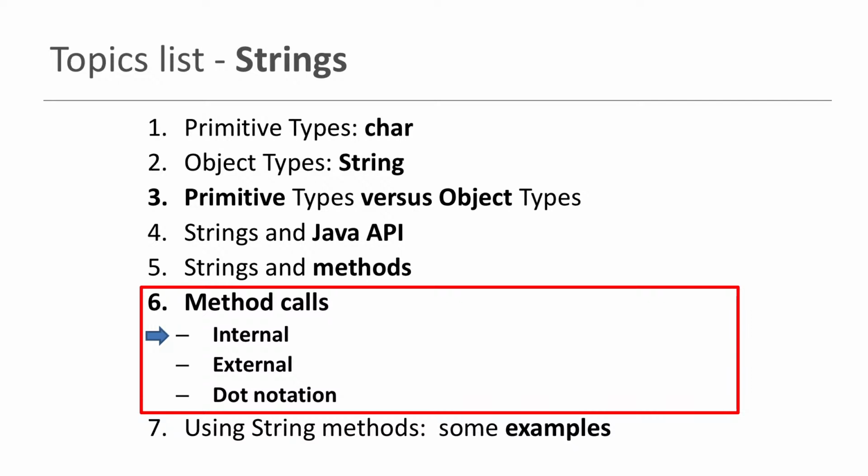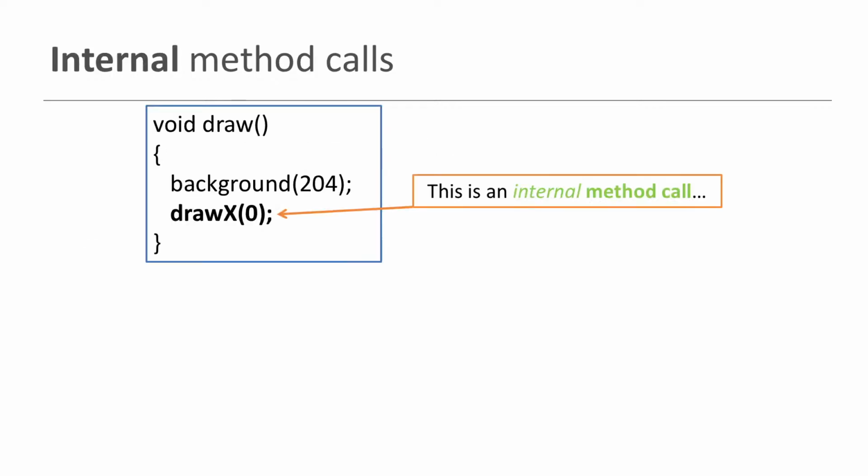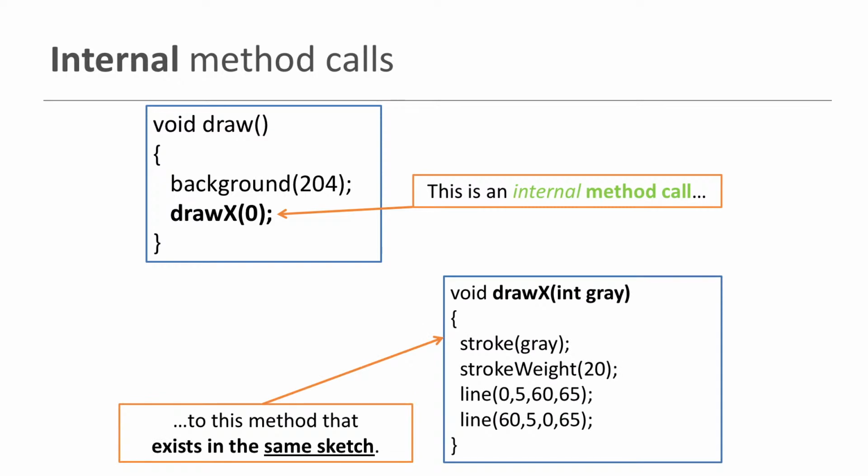So, method calls. Really what we're talking about here is dot notation. We have the distinction between internal and external methods. So we've been calling internal methods like drawX, passing in 0. This is what we mean by internal: the method is in the same file.